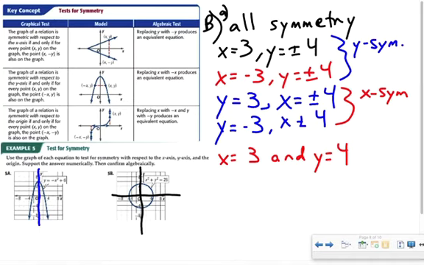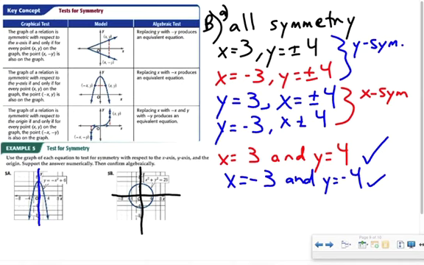And when I do that, it's true. And when I plug in negative 3 and negative 4, it's the exact same graph. It's the exact same validity.